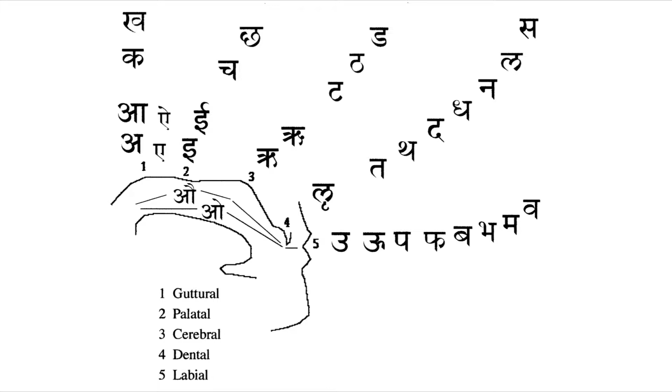Listen to all 6 letters, read them, and as you're reading them, feel the movement of energy from the throat to the palate to the lips. Ah, e, e, oo, oo.